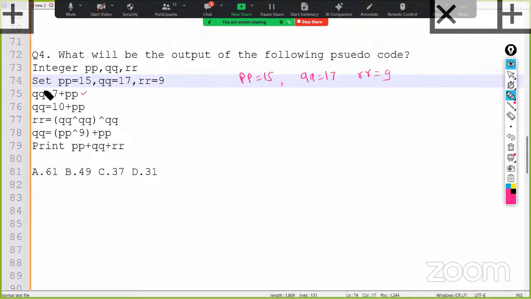So instead of calculating QQ at this line, I can directly calculate QQ, that becomes 10 plus PP, and the value of PP is 15. So QQ is going to change from 17 to 25. 10 plus 15 is 25, right? Now only RR and QQ are going to change. The value of PP remains the same in the addition.